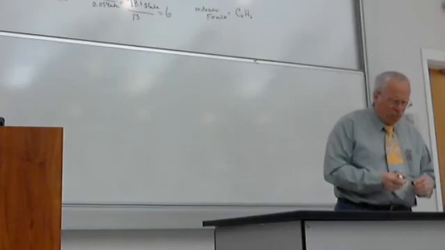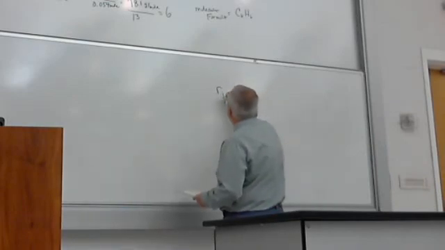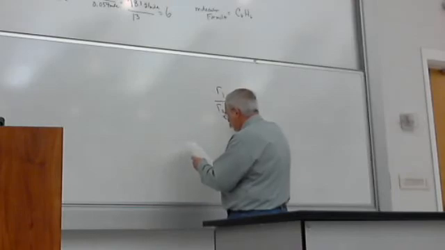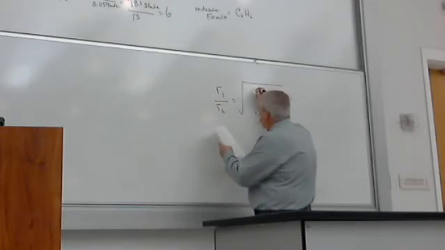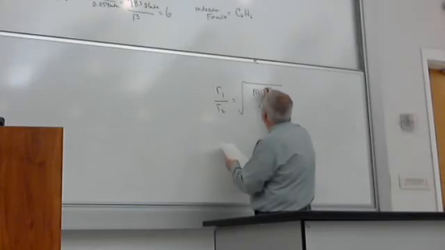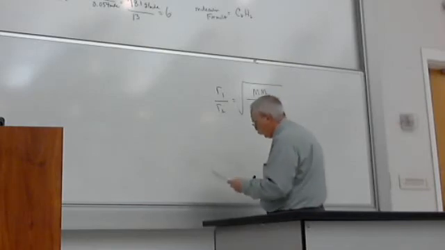So what Graham found was that there is a relationship. He said that the rate under conditions 1 compared to the rate under conditions 2 for the gases would be equal to the square root of the molecular mass for particle 2 compared to the molecular mass of particle 1.